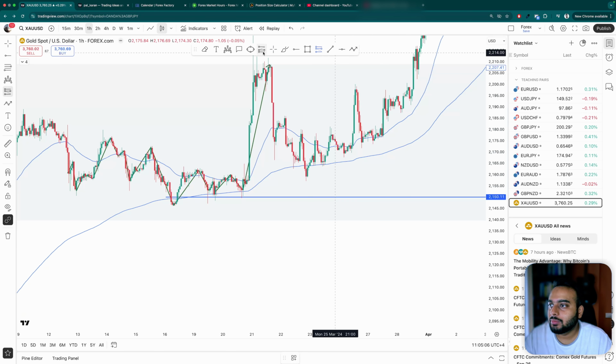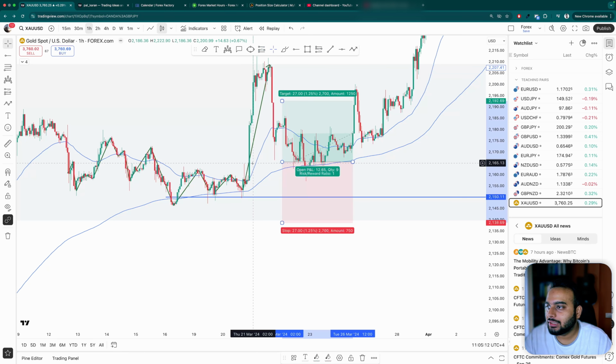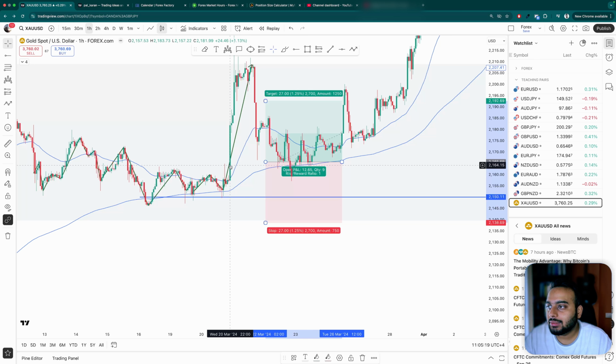So let's create a position. I see the wick is right here, and understanding spreads, I'll just keep it a little above. So eventually, we would have got an entry right here. And the reason it is above this level is because a lot of the time you see rejections like this and the price will just start moving up.